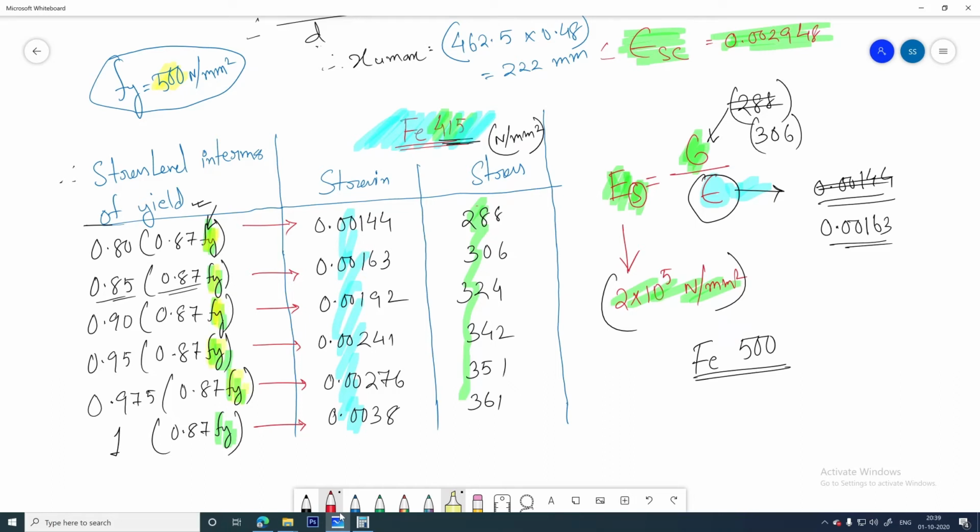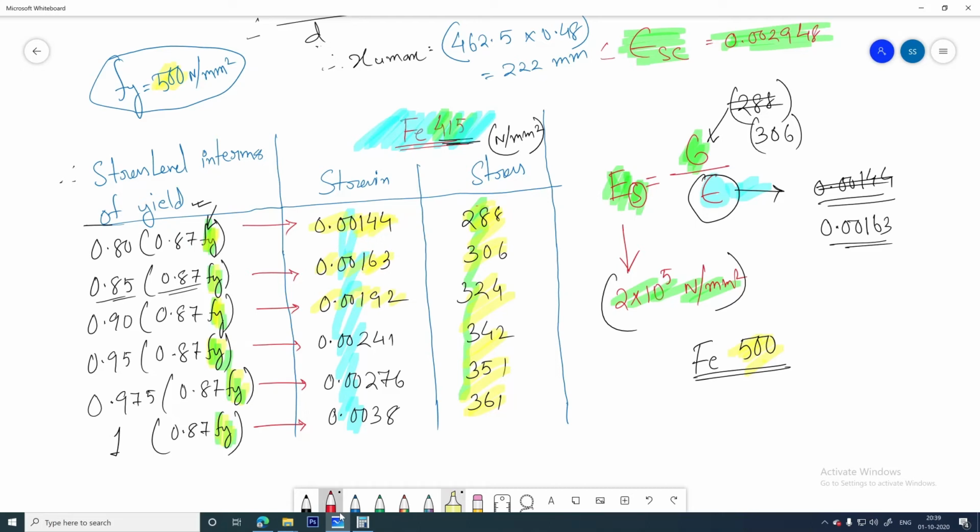In a similar way we determine the stress values, and we get different stress values in case of Fe500, and for this new stress value we will get the corresponding strain value as well, which will be different from these values. So that is what I want to share, and you can determine the values as well.